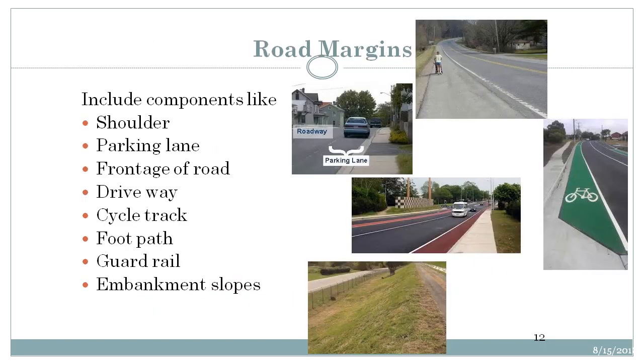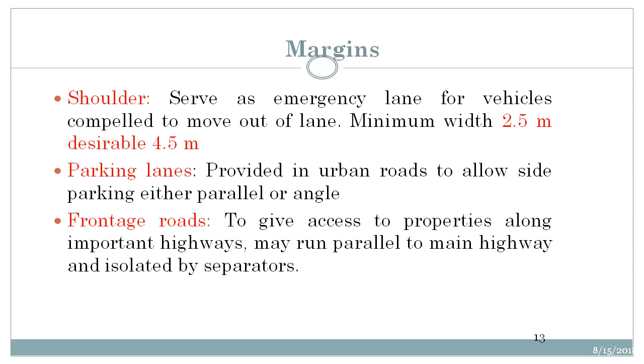Road margins include components like shoulder, parking lane, frontage of road, driveway, cycle track, footpath, guardrail, embankment slopes. Now we will learn margins. Shoulder serves as emergency lane for vehicles compelled to move out of lane.